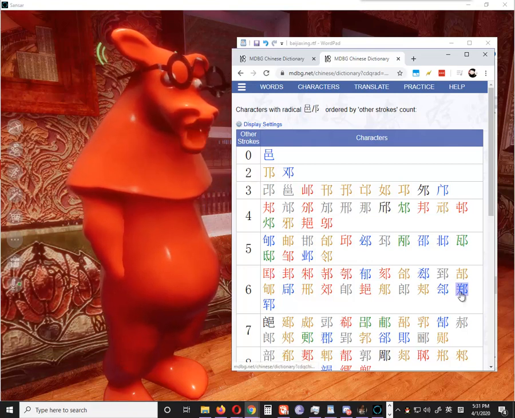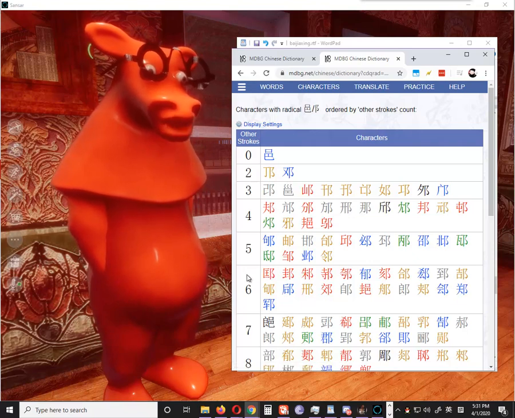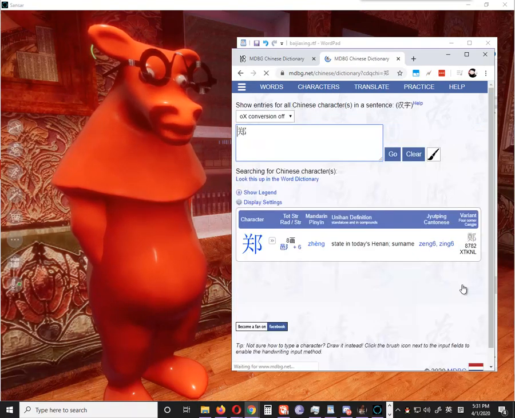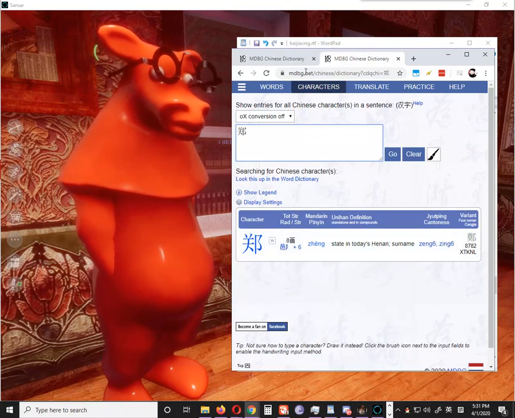And look at that. How many strokes is that? 1, 2, 3, 4, 5, 6. So it's in the 6th category. And we look it up. And there it is. Zheng.